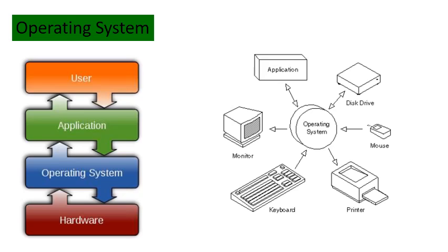And on the right hand side you can see how the operating system controls the various other peripheral devices which are connected to the computer. Whatever the device, whether it is a monitor, a mouse, a printer, a scanner or anything else, even your speaker, anything connected with the computer is controlled by the operating system.